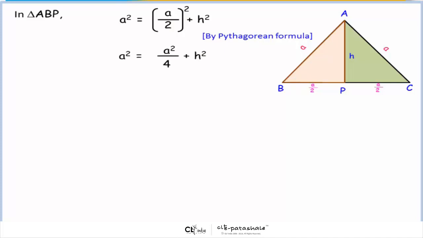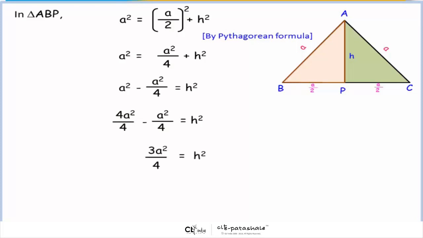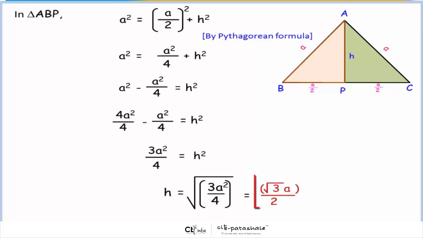Therefore, A square is equal to A square by 4 plus H square, or 4A square divided by 4 minus A square divided by 4 is equal to H square. Therefore, 3A square by 4 is equal to H square, and H is equal to square root of 3A square by 4, or square root of 3 multiplied by A divided by 2.